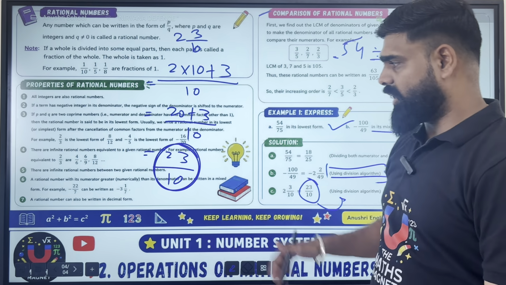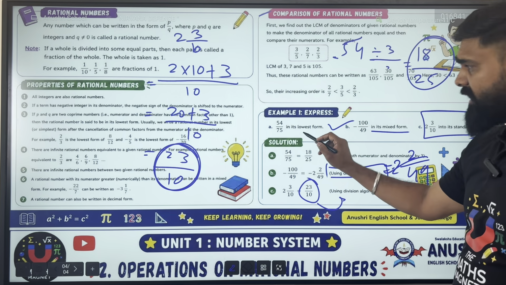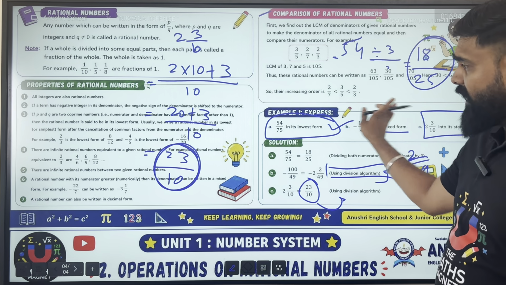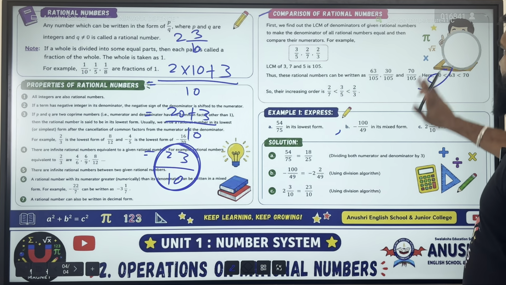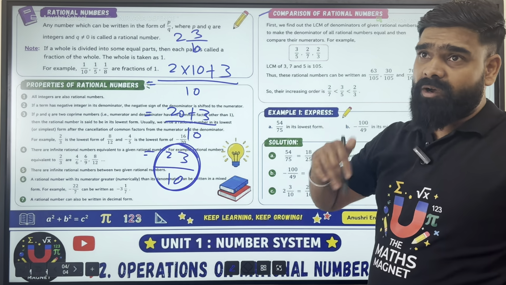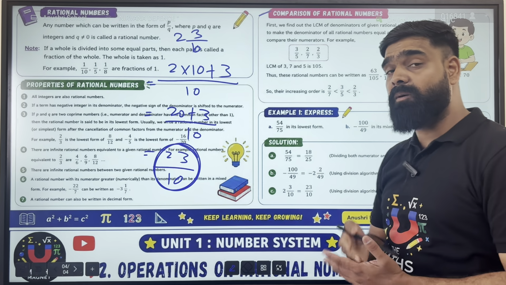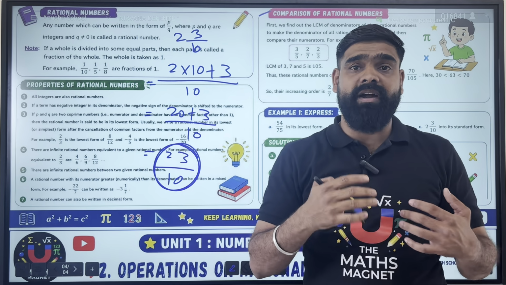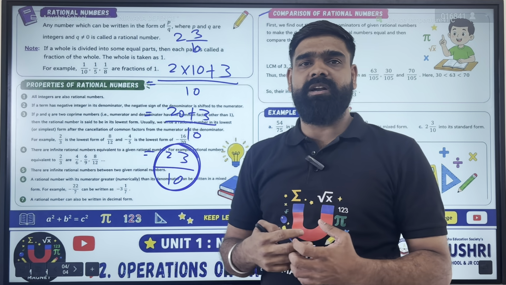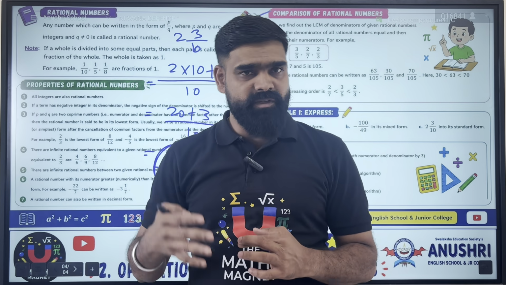So we have solved the examples, and what we have learned in that is how to compare two or three rational numbers. When we want to compare the rational numbers, we have to make the denominators equal first by finding the LCM of the denominators.